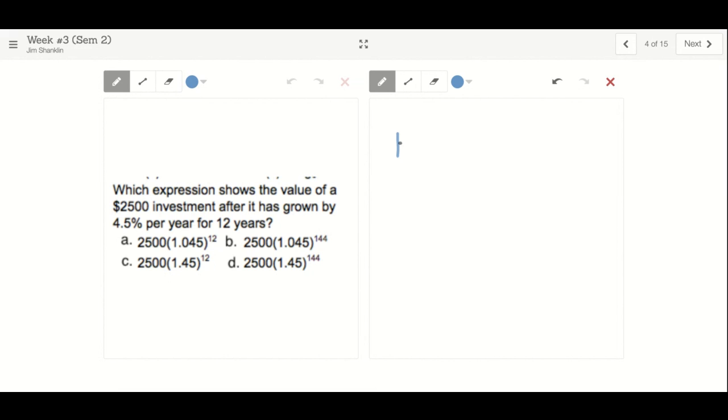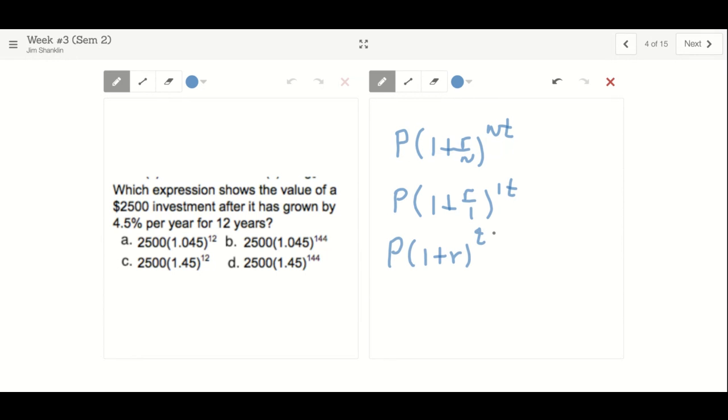So instead of using this formula, P times 1 plus R over N to the NT power, if N is 1, if you're only compounding once, and if they don't tell you, you just assume that it's being compounded once. If it says continuously growing, then you use the PERT formula. But in this problem, if you don't know how many times it's being compounded, you just assume it to be 1. Well, if you assume this to be 1, isn't this formula the same as this formula right here?